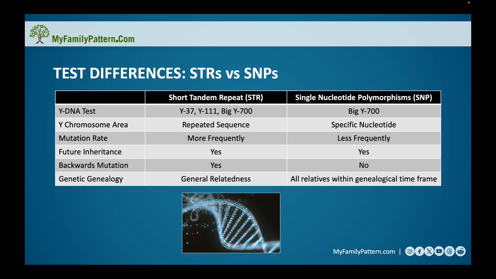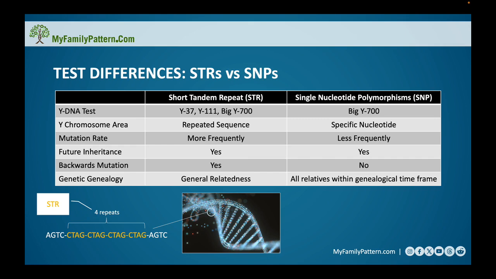The Y37, Y111, and the Big Y700 test something that's called short tandem repeats, or STRs. They're looking for patterns in our Y-DNA that repeat at a particular marker. These mutate on a regular basis, but not so frequently, but frequently enough that when they do, they get passed down to future generations.